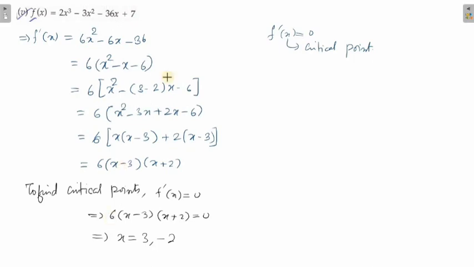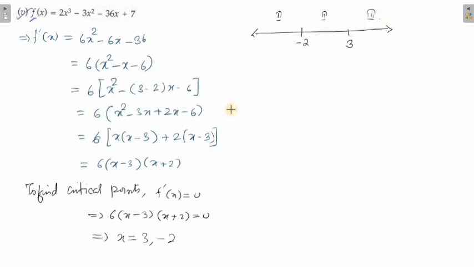Now I'll draw a real line, and on this real line I'll plot these 2 points. If minus 2 is somewhere out here, 3 is going to be somewhere out here. Now you have got 3 regions: this is region number 1, region number 2, and this is region number 3.